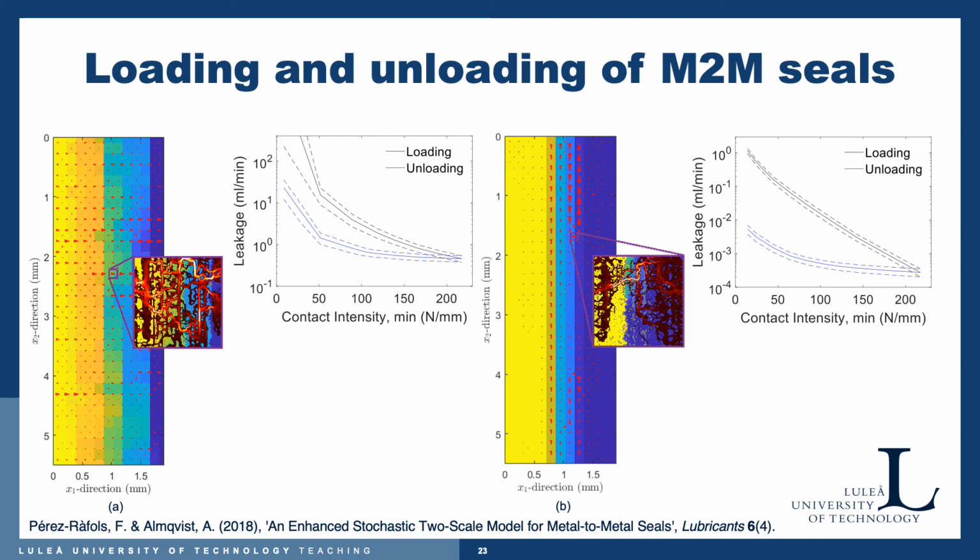Here are two cases showing different types of local scale geometries or topographies, and different types of global scale topographies too. The red arrows illustrate the leakage paths. And you can see, for example, here where the leakage is large, it looks like this on the micro scale.